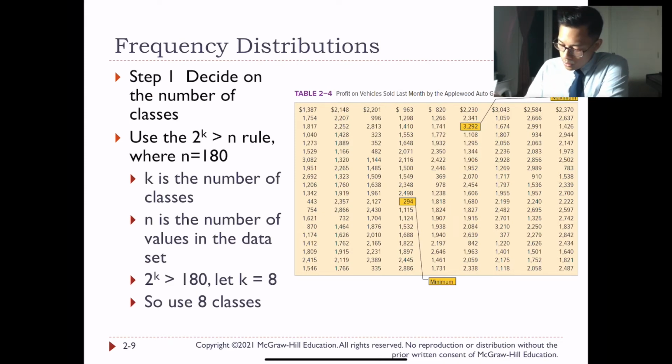So you count 2 to the power of 6, 2 to the power of 7, 2 to the power of 8, such that 2 to the power of k is larger than 180. We find that k is equal to 8, since 2 to the power of 8 is larger than 180. So in this case, we have 8 classes.